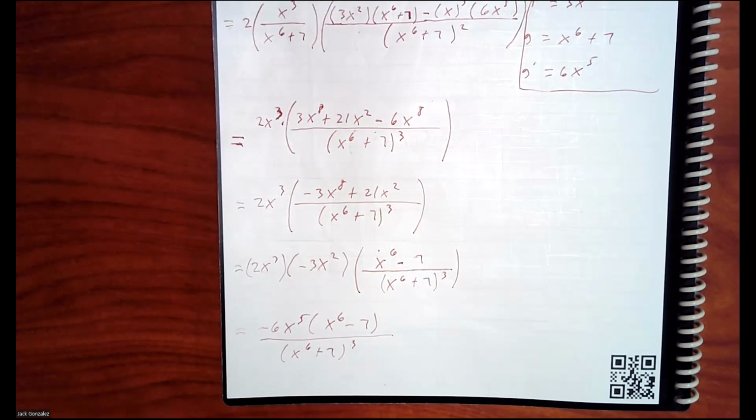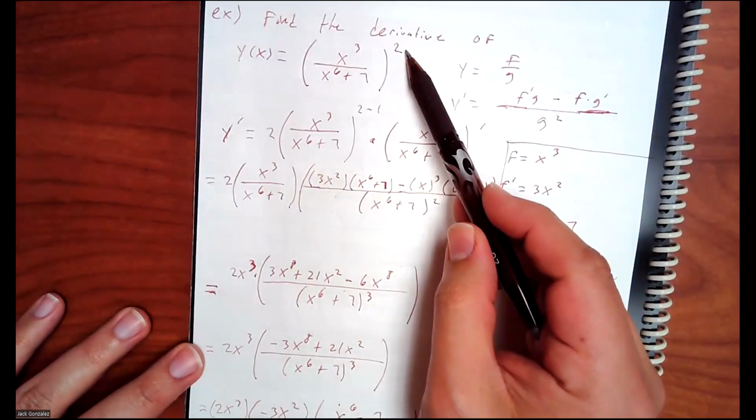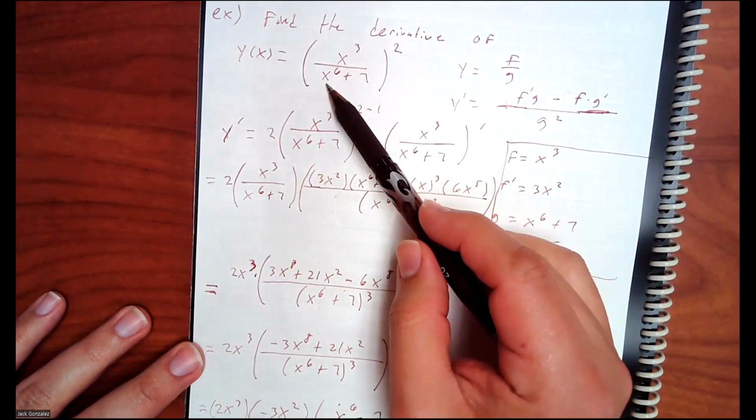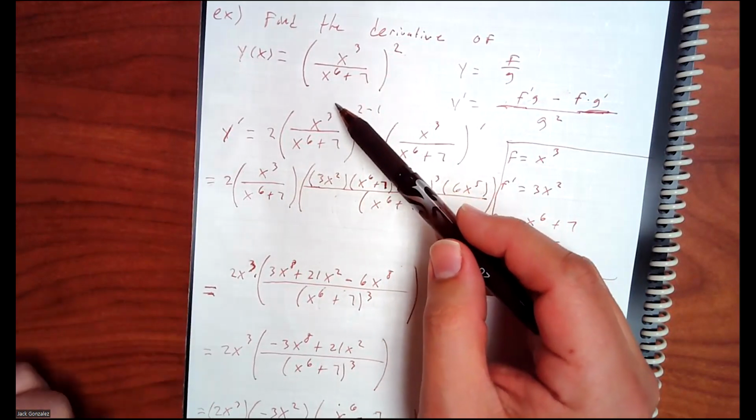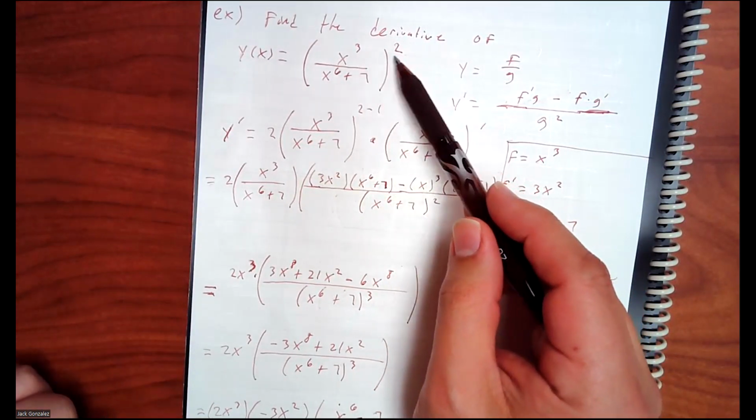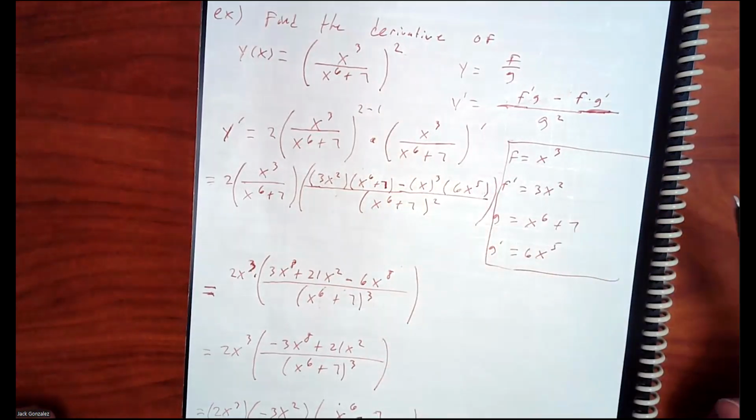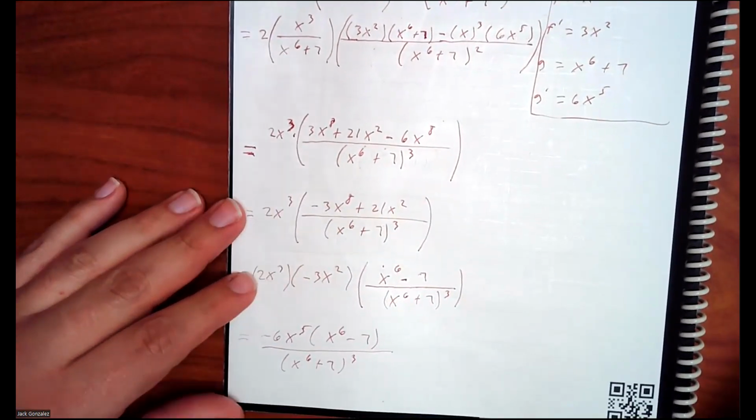So either the outside is a 1 or the inside is something really simple, like an x. Like if the outside is a cube, but the inside is a single x, that's not chain.